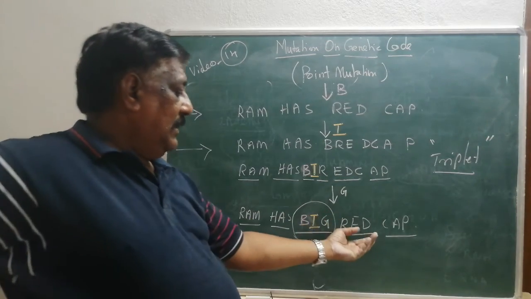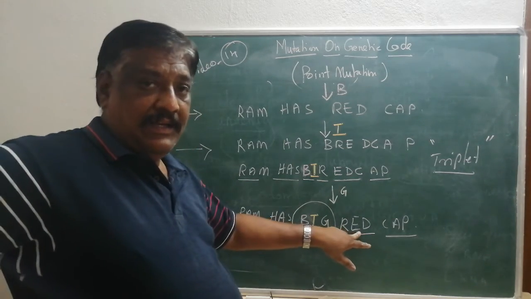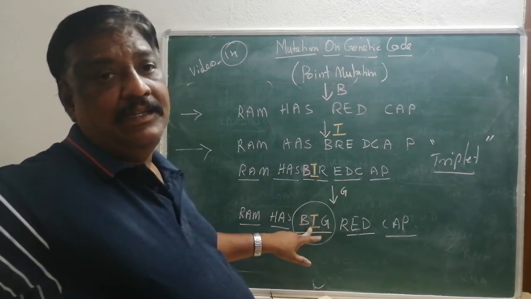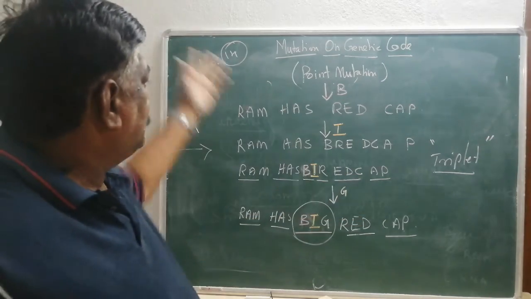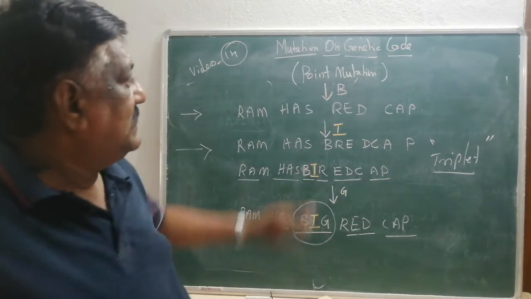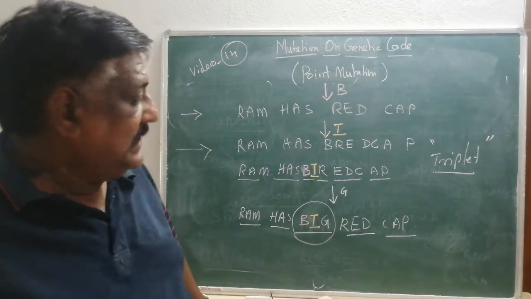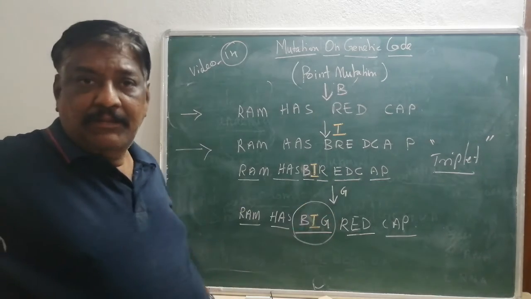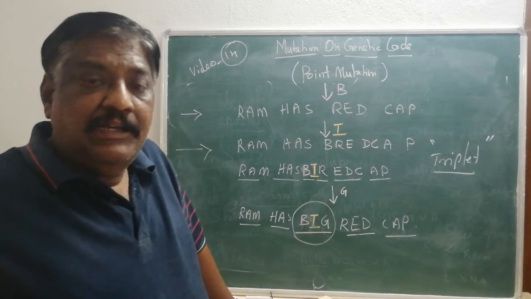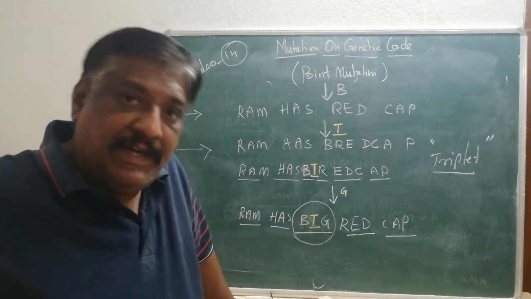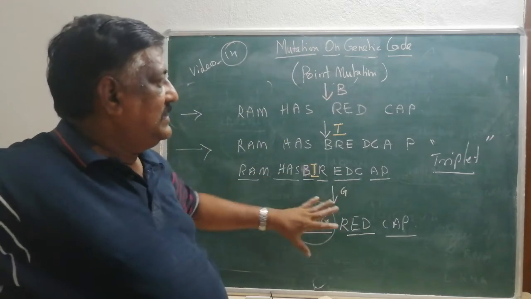Instead of the amino acid that is to be brought in the third place, a new chemical will come and disturb the process. That leads to some abnormal condition. That is the problem of mutation. Some changes take place that lead to a change in the process of protein synthesis, in the sequence of proteins in the production. So this is called mutation in a gene.